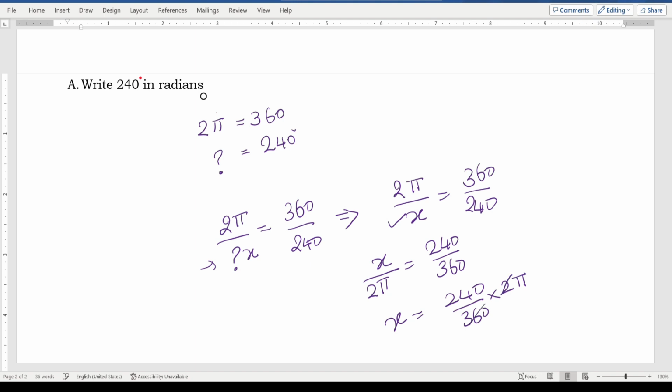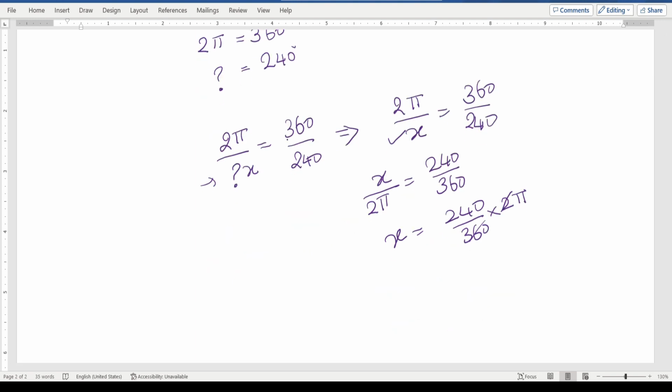The 2 pi cancels, and it becomes 240 divided by 180 pi, which is 4 by 3 pi radian.